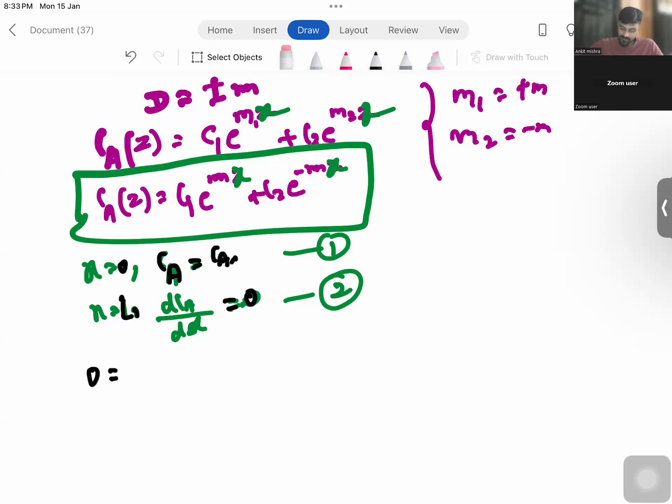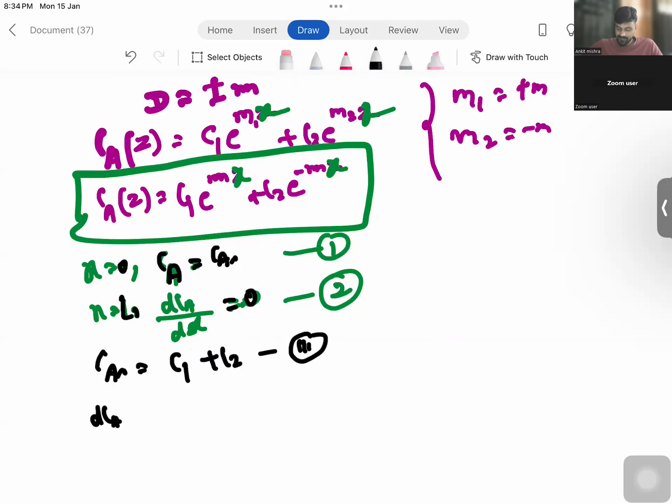So you can write over here, after substituting the first boundary condition, CAS, that is equals to C1 plus C2. Let's say I'm assuming this one is equation third, and at x is equals to L, dCA by dx is equals to 0.